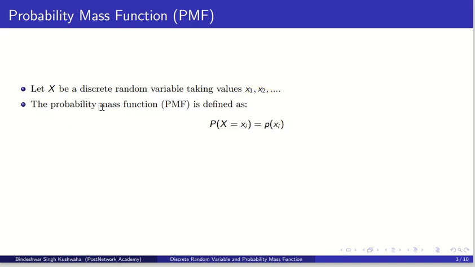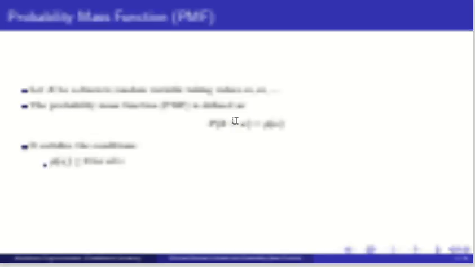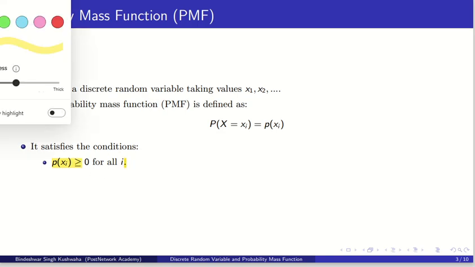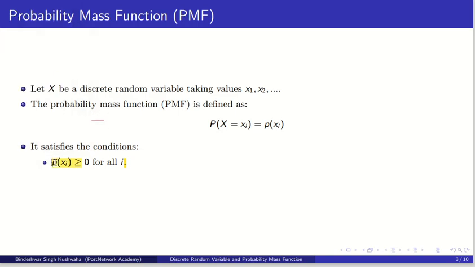The probability mass function defined at the value xi of the random variable is written p(xi). It satisfies the conditions that the probabilities are non-negative for all i, and the summation of all probabilities is equal to 1.